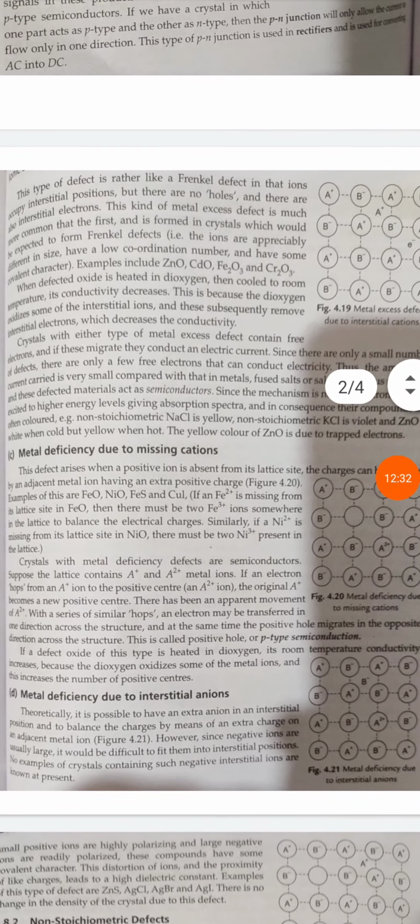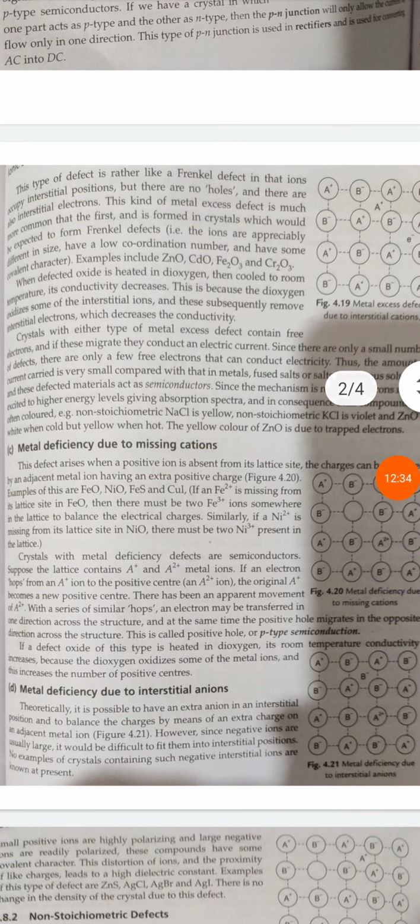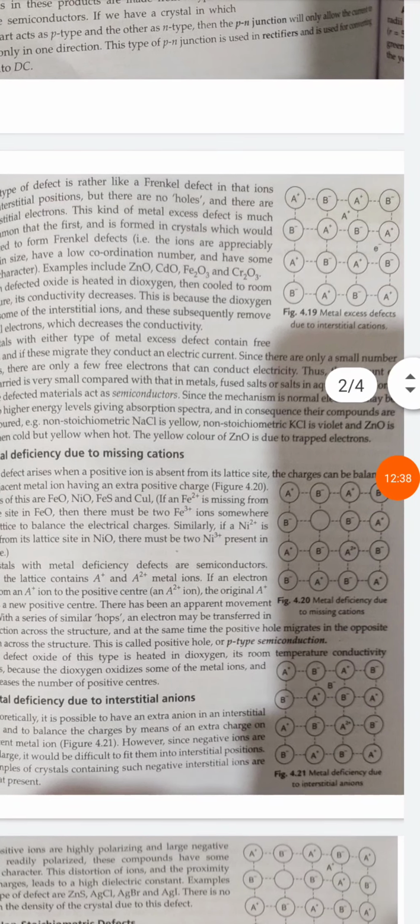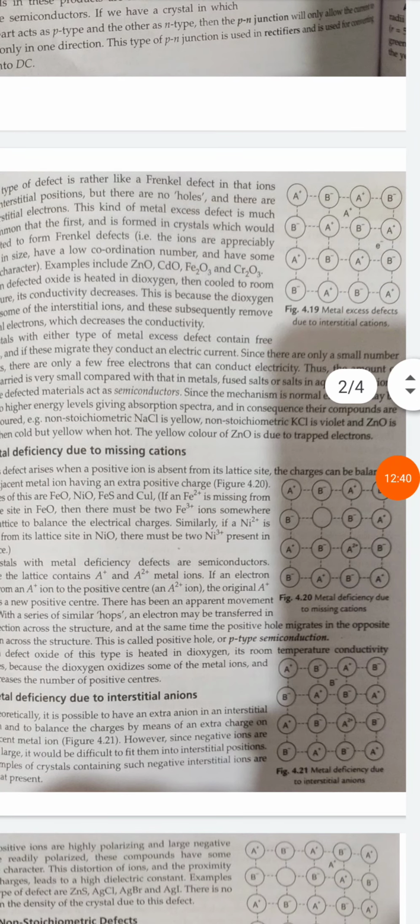And then C, that is metal deficiency due to missing cations. The defect arises when a positive ion is absent from its lattice site. The charges can be balanced by an adjacent metal ion having an extra positive charge, and examples of these are FeO, NiO, FeS, and CuI.